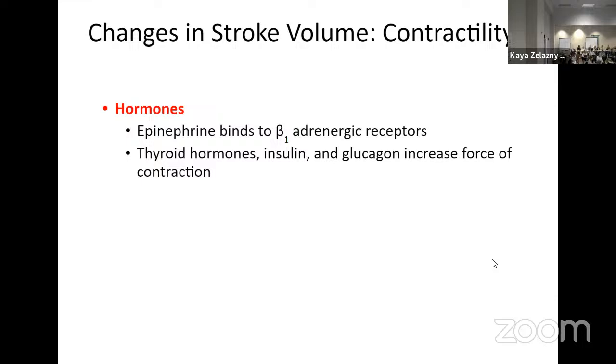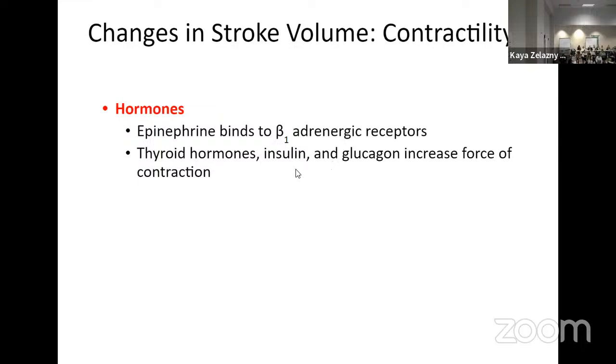Right. So in terms of hormones, epinephrine can also bind to beta-1 adrenergic receptors. So it would work the exact same way as the norepinephrine coming from the sympathetics would work. Nothing different about that pathway. Okay. Other hormones can also affect the force of contraction.